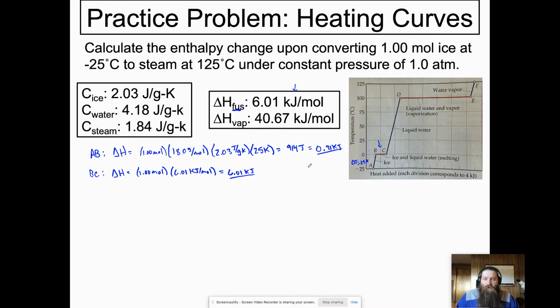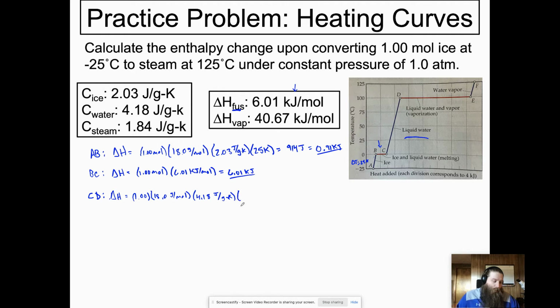So now I have A to B, I've done B to C, so now I need to do C to D. I'm going to use the exact same setup that I did in AB. So I still have 1 mole at 18.0 grams per mole. And now I'm using the specific heat of water because in this phase, I have liquid water. So 4.18 joules per gram Kelvin.